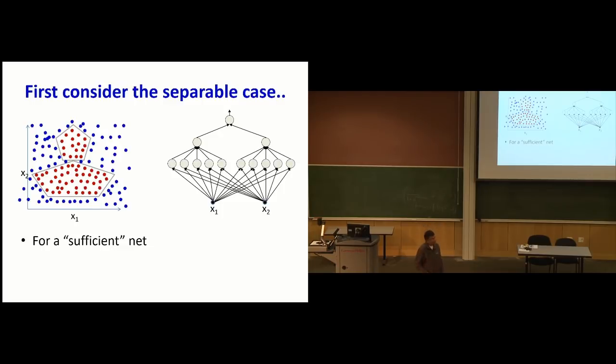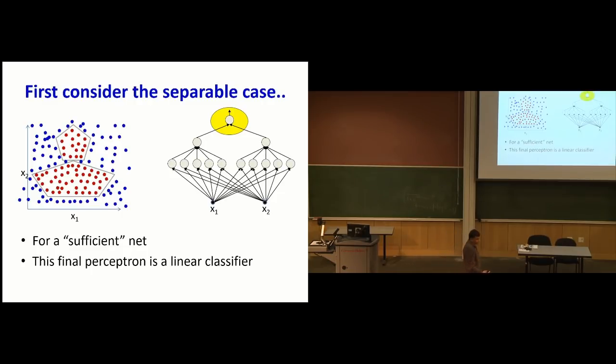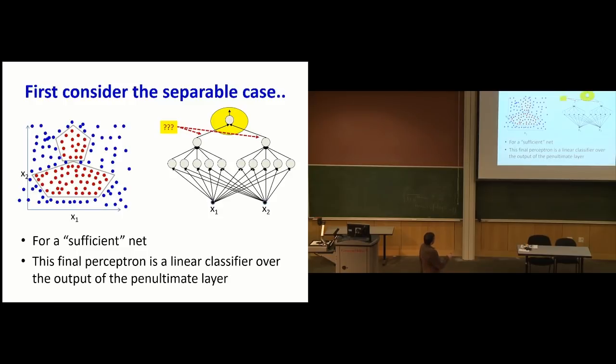And if this is trained properly, if the parameters are set properly, then this should just work. But then here's the crazy bit. This final perceptron at the end is still a linear classifier. We are still using just the threshold units or the sigmoids, right? So if the final output is a linear classifier, and it's doing a perfect job of classifying whether these inputs are red or blue, what does it tell us about what is happening out here?